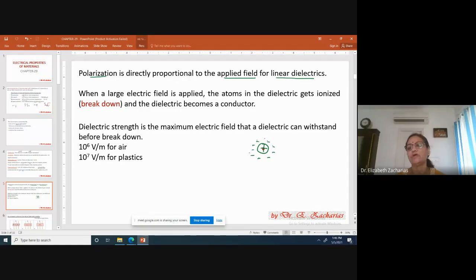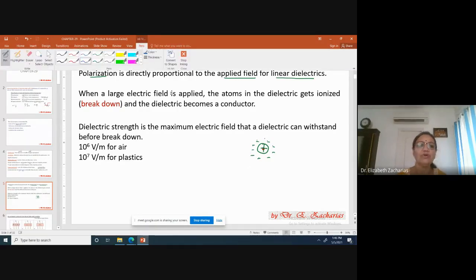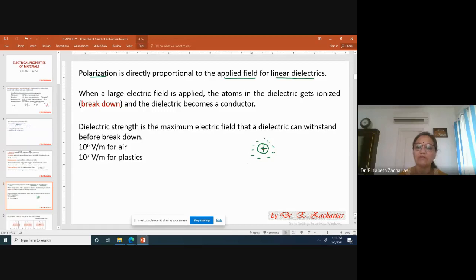But in certain types of materials, what happens is, when you apply an external electric field, you know that electrons will experience a force anti-parallel to the electric field you're applying, and positive charges will experience a force in the direction of the electric field.